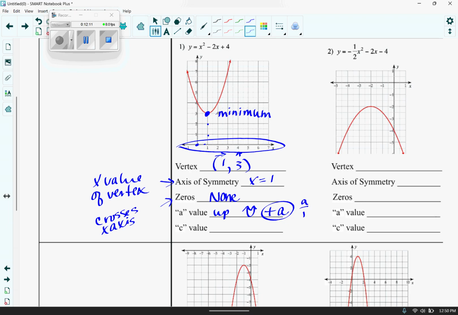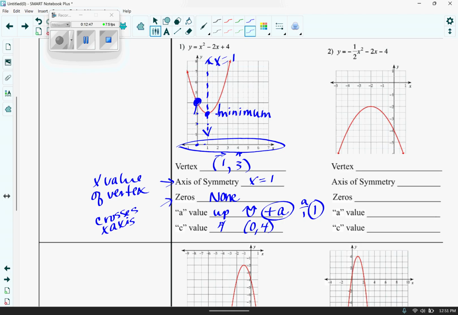To go over 1, I went up 1. So my A value is actually 1. The C value is where it crosses the y-axis, which happens to be 0, 4. My axis of symmetry would look like that, the x equals 1 line.